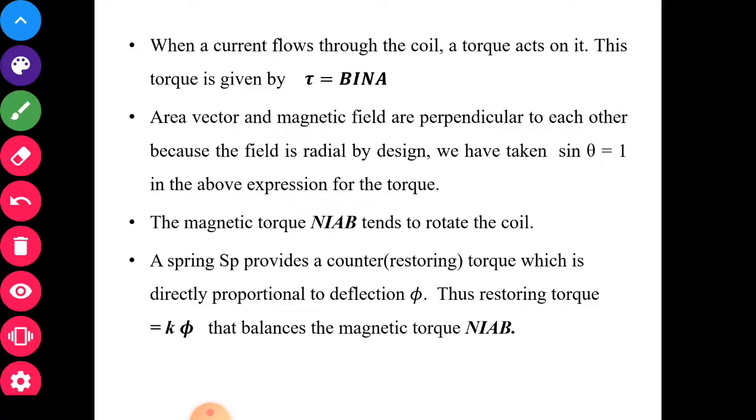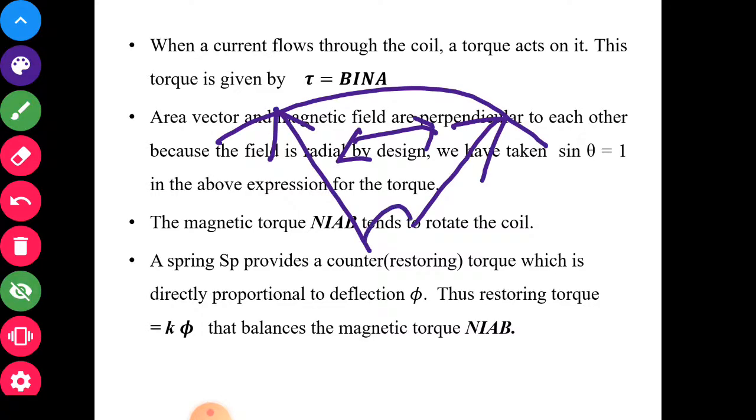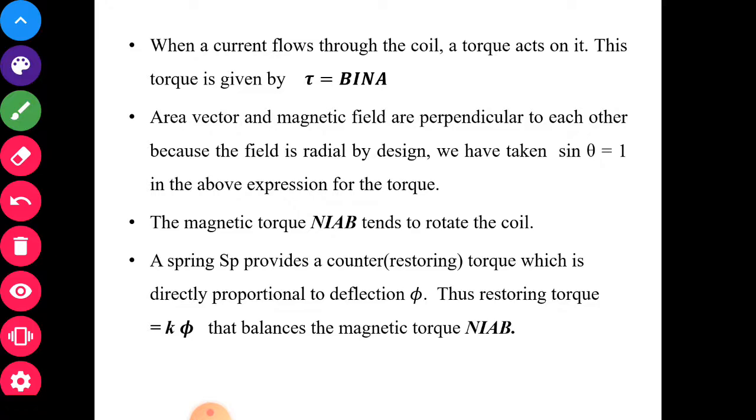Therefore what will happen, the spring SP which I have shown at the center, which is a spiral spring, will provide the restoring torque. Try to understand.